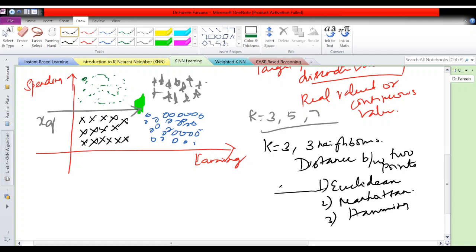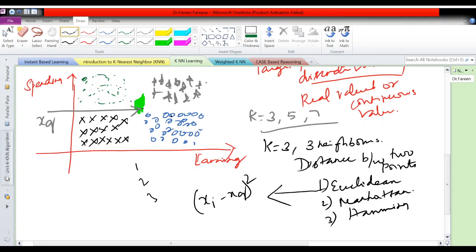But here we go for the Euclidean distance, which uses the formula of xi minus xq, the whole squared. We need to find the distance between xq and every data point. Once you have calculated the distances, you need to rank the first 3 shortest distances and classify based upon the majority.